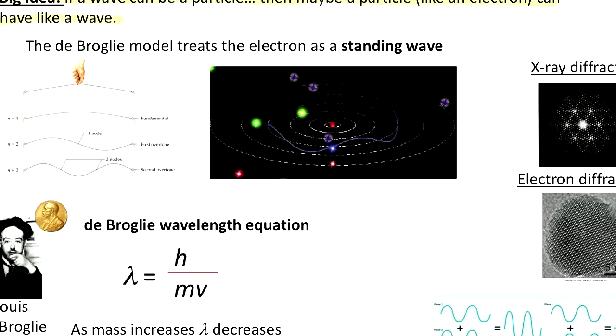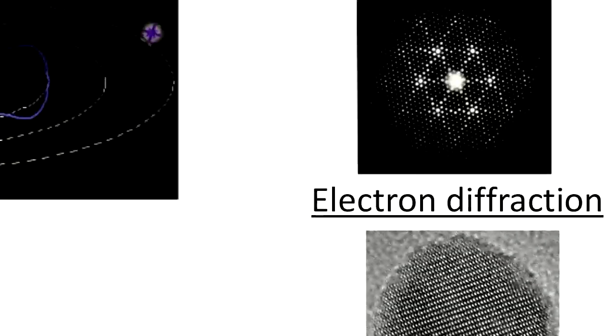And so in the end, he ended up being right. And so here's some examples. X-ray diffraction is taking light, and it's a wave property of light, all right? An X-ray is a type of light. You can send it through different diffraction patterns and get these patterns. That's a wave property of light. But what we see is that electrons can also diffract.